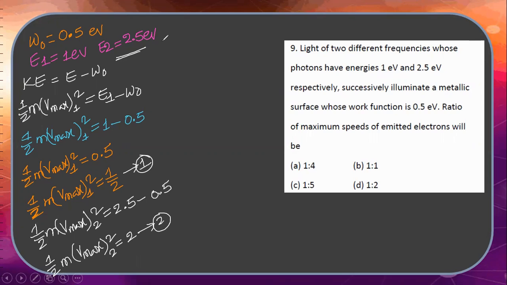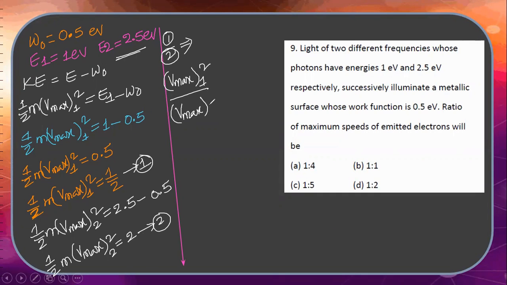Equation number 2. Equation 1 by equation number 2, if I write, V maximum 1 square by V maximum 2 whole square is equal to 1 by 2 divided by 2.